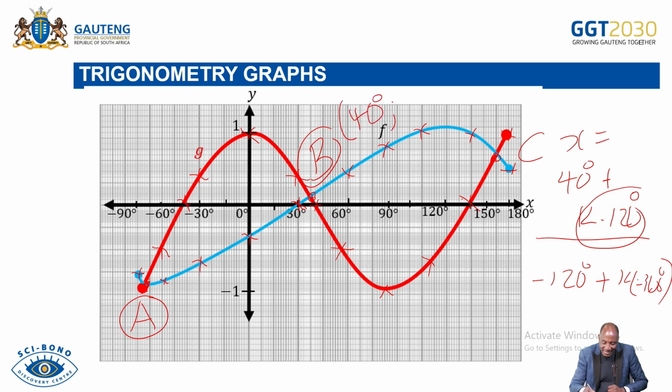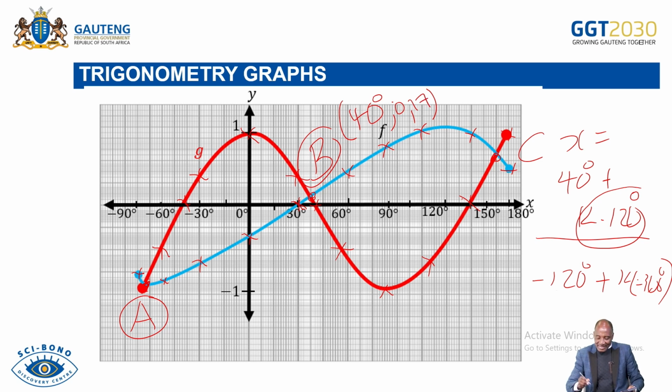We can find the corresponding value of y on that graph by substituting into either of the two functions. Preferably, I'll substitute into the cosine one, cos 2x. So I'll use cos 80 degrees. What is cos 80 degrees? It gives us 0.17.